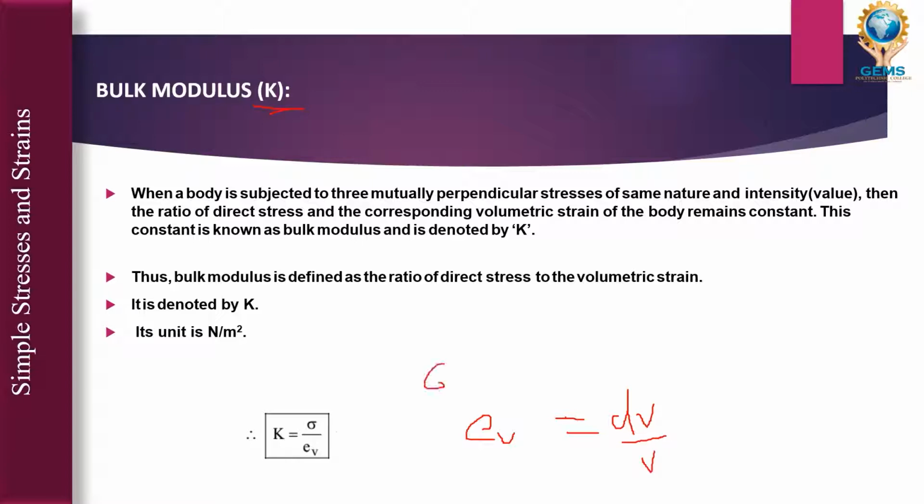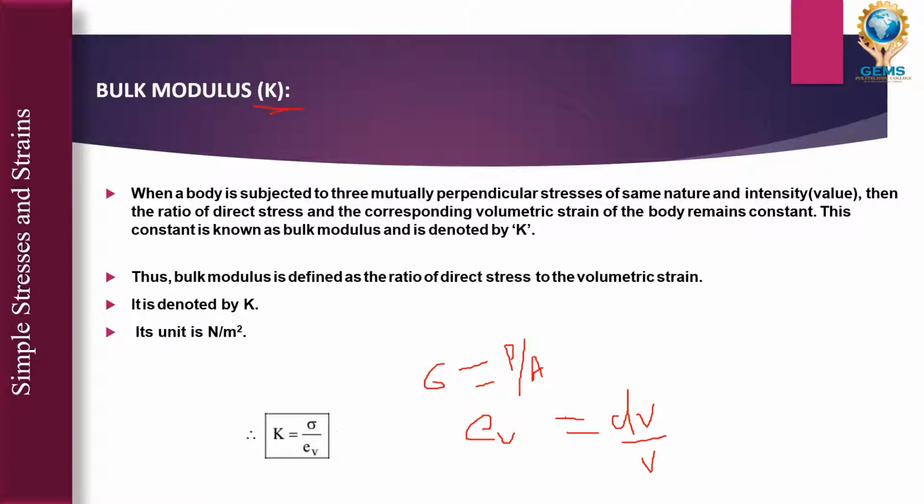Direct stress, sigma is equal to P by A. So bulk modulus is ratio of direct stress to the volumetric strain, that means change in volume divided by original volume, and it is denoted by the letter K. If you will see the SI unit of bulk modulus, SI unit is Newton per meter square.